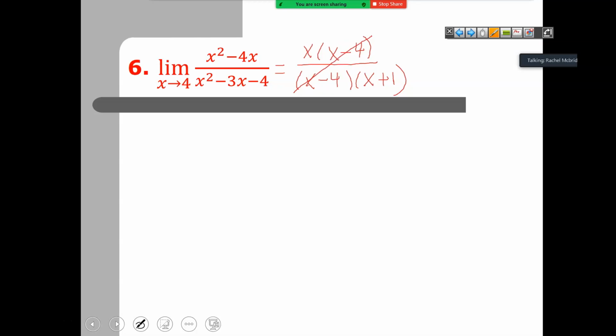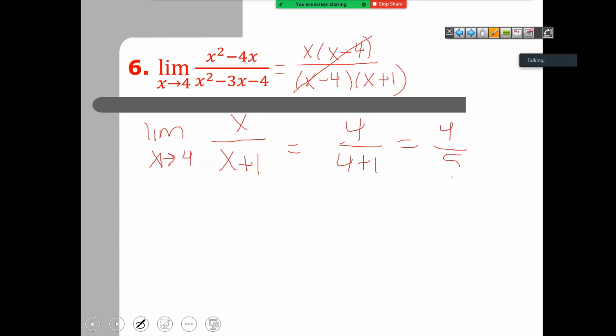That's like last year, it would give you a hole on your graph. So if you remember talking about where is there a hole on the graph, the hole is at x equals 4. That's why this graph technically doesn't have a value at x equals 4, but it has a limit because it has a hole. So the limit as x approaches 4 of x over x plus 1 is equal to 4 over 4 plus 1, or 4/5.